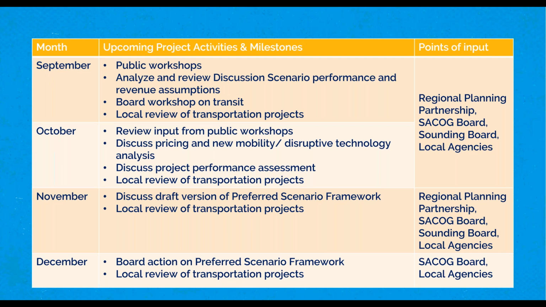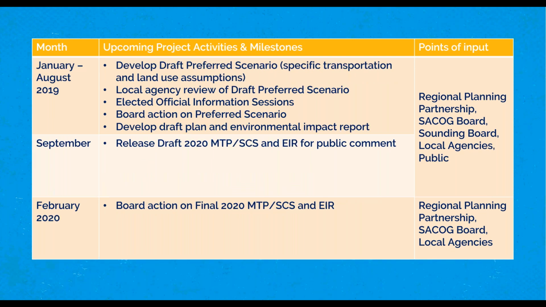I'll talk a little bit more in a few minutes about what exactly that scenario framework is. But this discussion draft is a first step in getting to that. And that action we're hoping to get from our board in December.